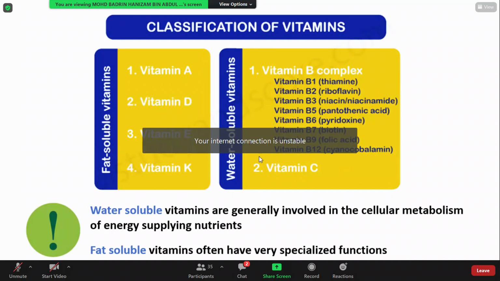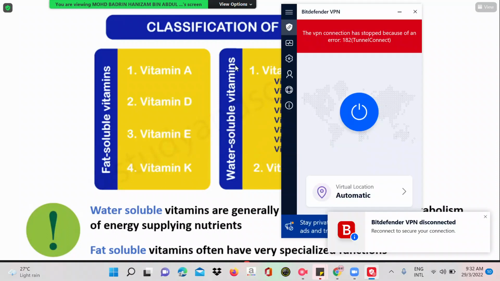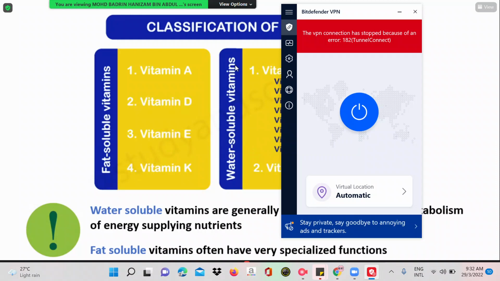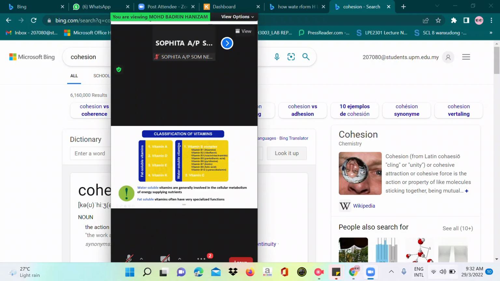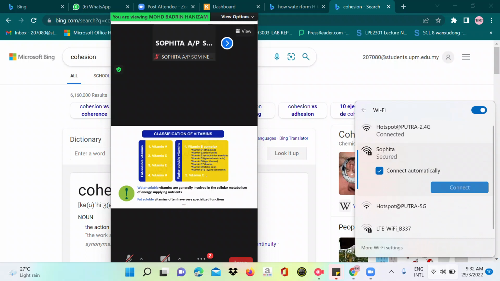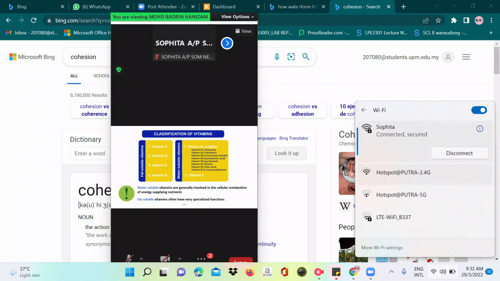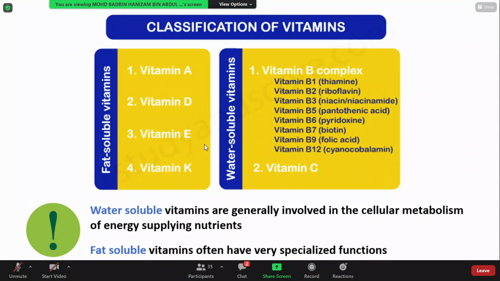One by one, these vitamins in the water soluble vitamin group play a part in the energy metabolism.